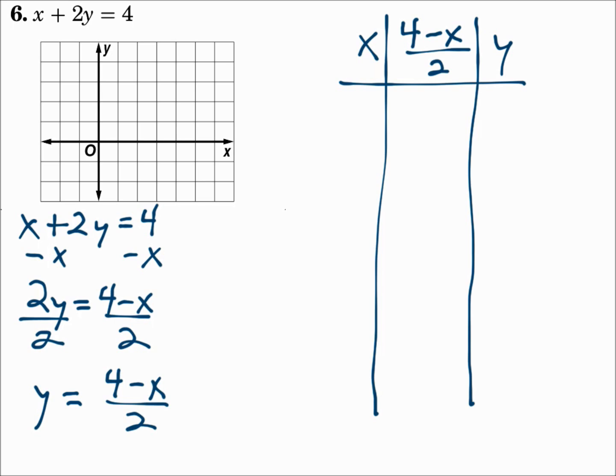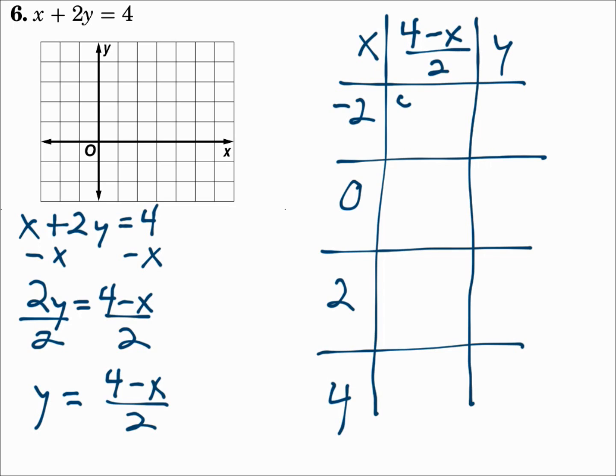So let's just use even x values: -2, 0, 2, and 4. I'm just thinking ahead there, since I'm going to be dividing by 2, let's use even numbers because 4 minus an even number is even, and an even divided by 2 is an integer.